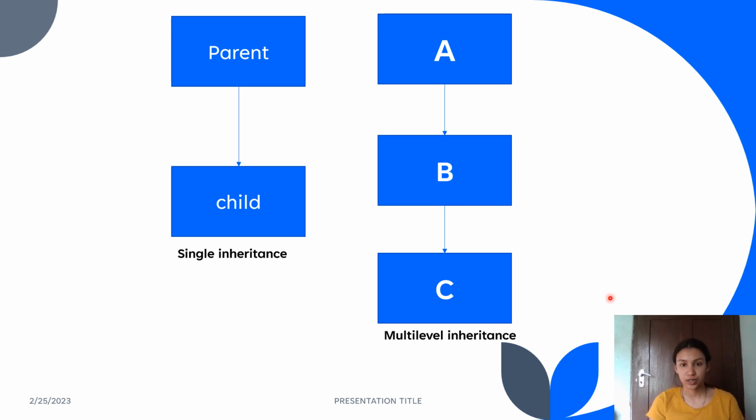A has some properties, features, methods, and behaviors, and B can inherit those properties, which means we can access and use all the properties and functions of class A. And C can use the properties and behaviors of B along with the properties and behaviors of class A. So C can inherit all the properties of A along with B.